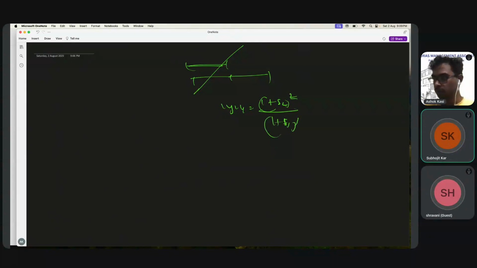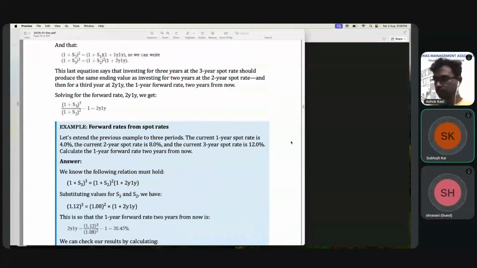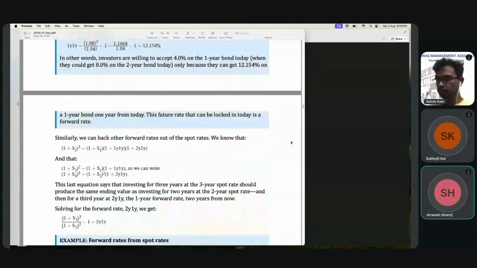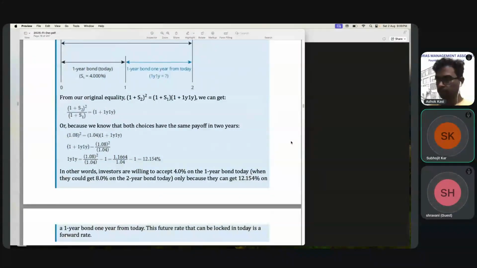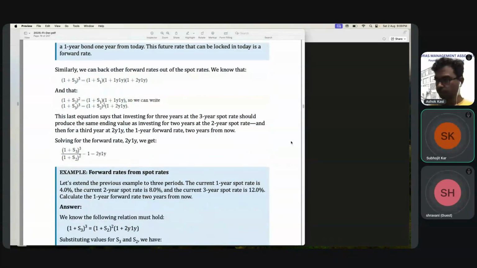Can you scroll up in the PDF? What is this one? Similarly, we can back other forward rates out of the next page. This one. So, we know that S1.